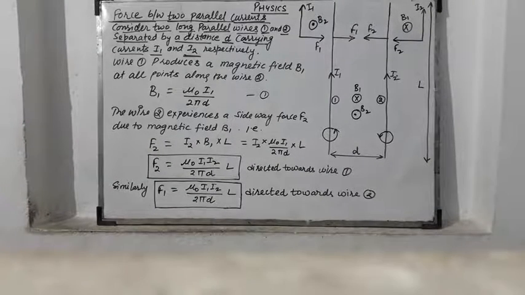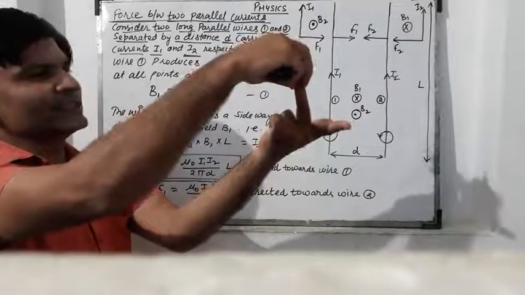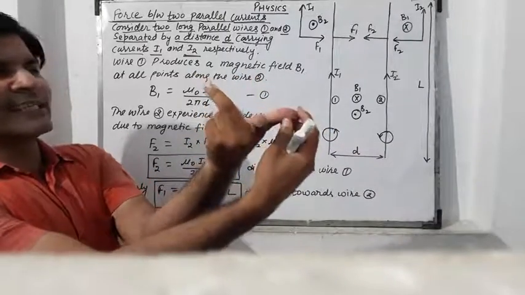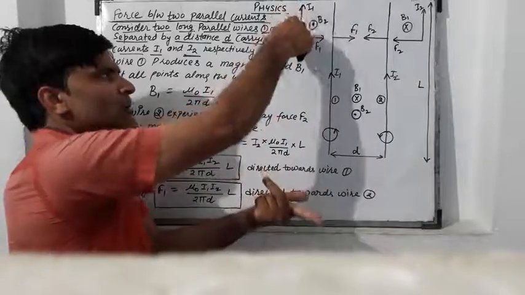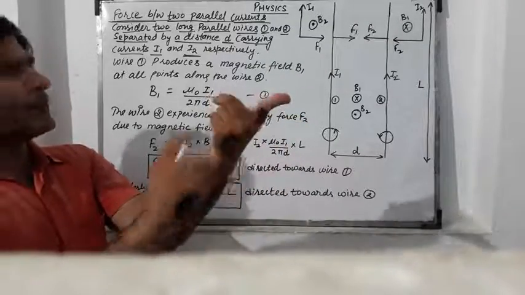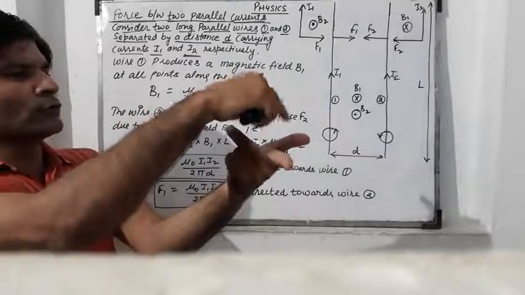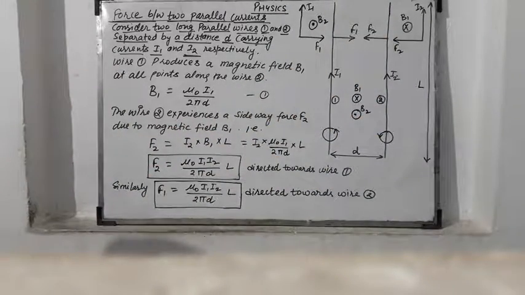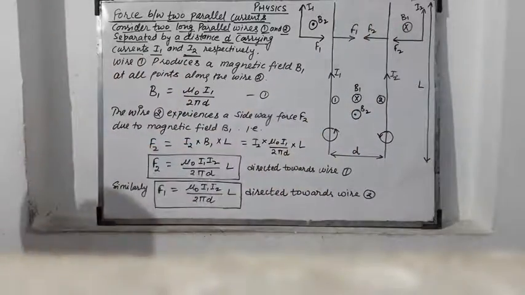As you can see, this represents the current, this represents the magnetic field, then this represents the force. In this, the magnetic field is out of the plane of the paper, the current is upward, so the force is towards wire 2. Similarly we can give the direction of F2.